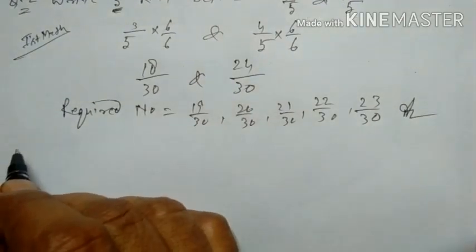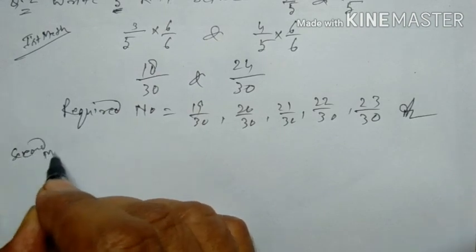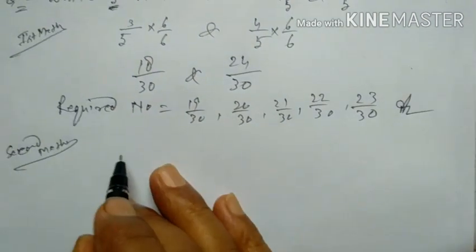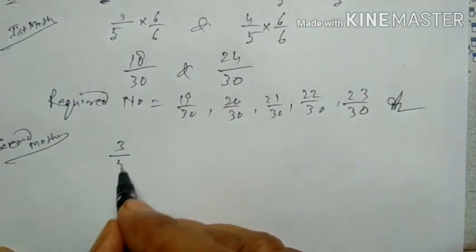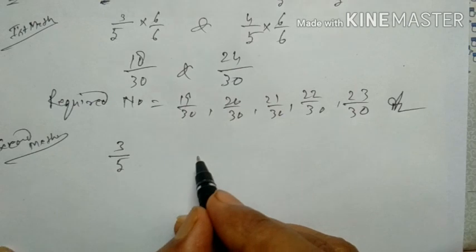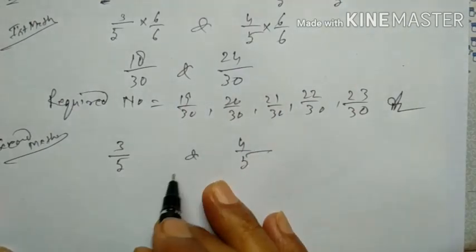And you can solve this question by another method. Second method: we have 3 by 5 and 4 by 5.